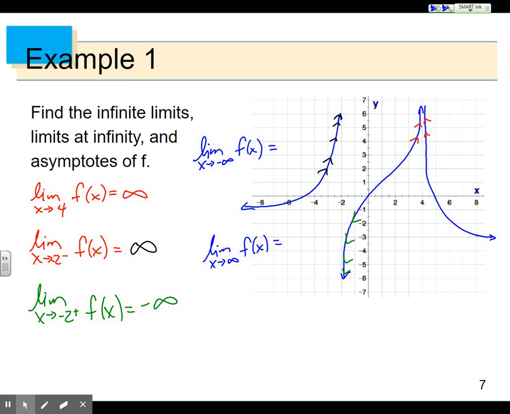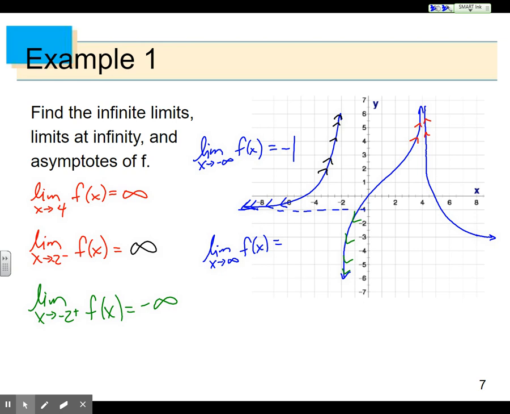Okay, so let's do the limit as x approaches negative infinity. So that's just, as my function exits the sides of the graph, what value am I getting close to? Well, as I go off the left side towards negative infinity, my value is getting close to negative 1.